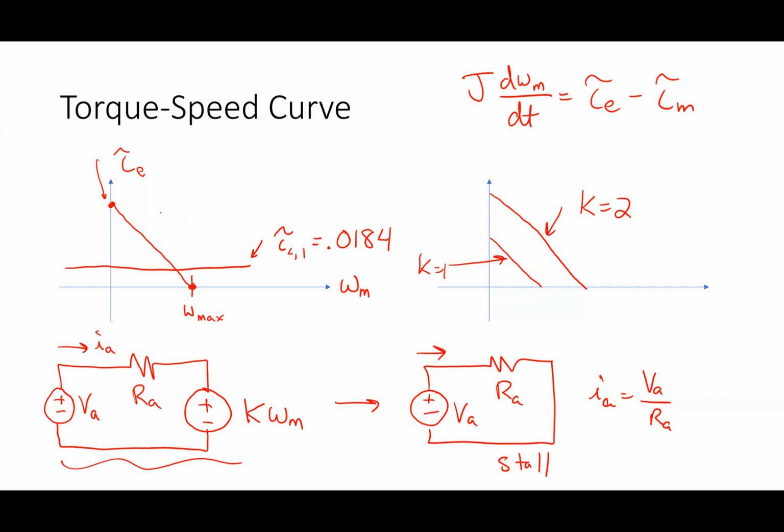If I increase that load torque by grabbing the shaft, let's call this TL2, some higher value, they're going to intersect at this point. What's happened? The current's gone up, the speed's gone down. Do you guys follow that basic concept?